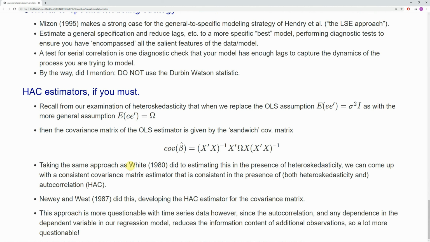But here we are using the method by Newey and West to develop HAC, which is for both heteroskedasticity and autocorrelation correction. But again, this is nothing that I personally suggest. I showed you how it's done, but in my opinion, we need to include more lags in order to solve this problem.